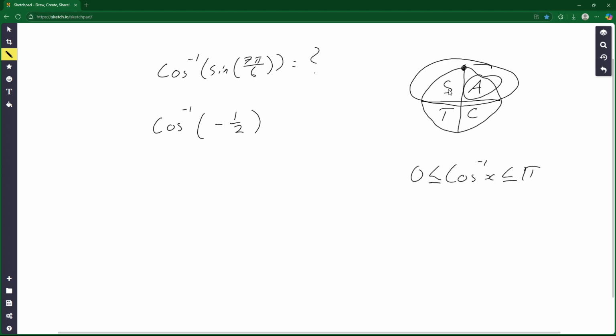So what makes 1 over 2? Well, anything that is pi over 3. Yes, pi over 3. Actually, let me write this out first. What does x need to be to equal negative 1 over 2? It has to be between 0 and pi.